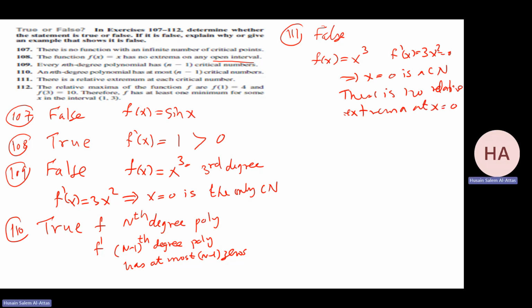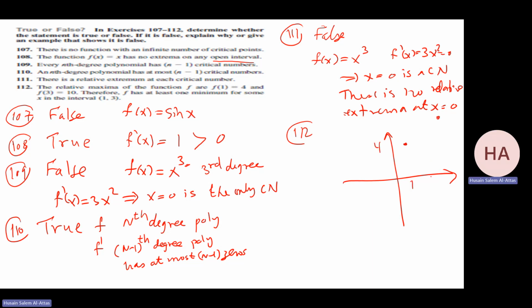Actually, more than that, if the function is not continuous, that will make it very clear. The relative maxima of a function are f of 1 equal 4 and f of 3 equal 10. At least one minimum for each x in the interval 1 to 3. So I have relative maximum at f of 1 equals 4, and f of 3 equals 10.